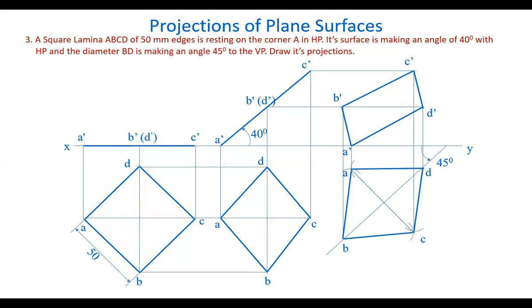If its true shape is seen in the top view, the plane is parallel to HP. If the same square is seen in the front view, it will be parallel to the VP. But here in none of these projections are we able to see its true shape. That's why it is making an angle with both the planes.